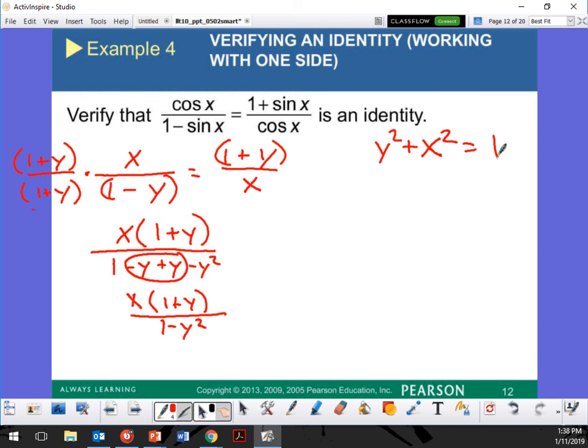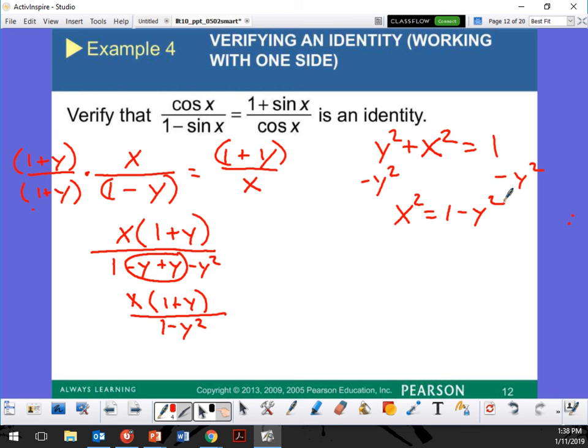That's the Pythagorean identity. Now, I'm going to do a little math here. I'm going to subtract y squared from both sides. Minus y squared, minus y squared. So x squared is equal to 1 minus y squared. That's what I was trying to get at there. So from my Pythagorean identity, x squared can replace 1 minus y squared when I see it. Are we okay?